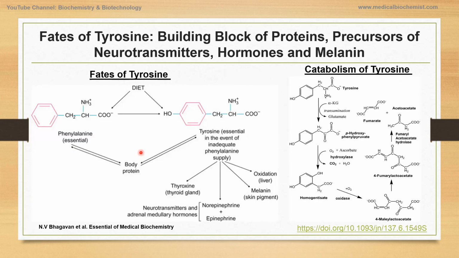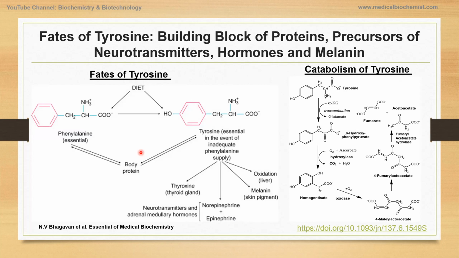This slide shows the overall fate of tyrosine and phenylalanine. Phenylalanine and tyrosine can be obtained from the diet, and those obtained from the diet can go into various pathways, such as: phenylalanine and tyrosine are major components of the proteins present in our body.